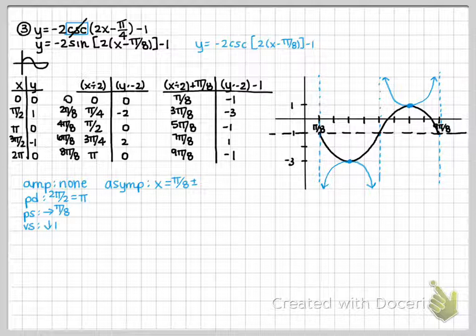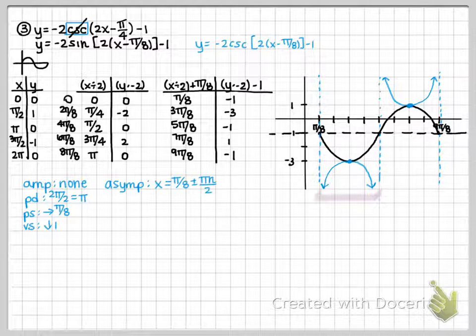So from here to here is the distance between the two asymptotes. So if I'm at 1 pi over 8, then I go 2 pi over 8, 3 pi over 8, 4 pi over 8, 5 pi over 8. So from 1 pi over 8 to 5 pi over 8 is going to be 4 pi over 8, which is pi over 2. So this is going to be pi n over 2.